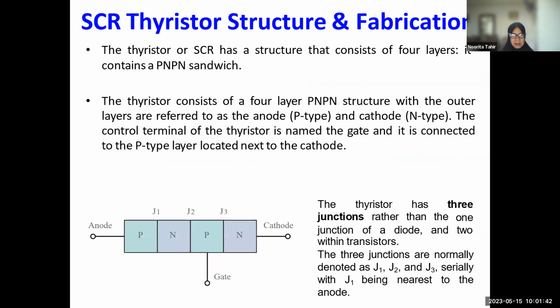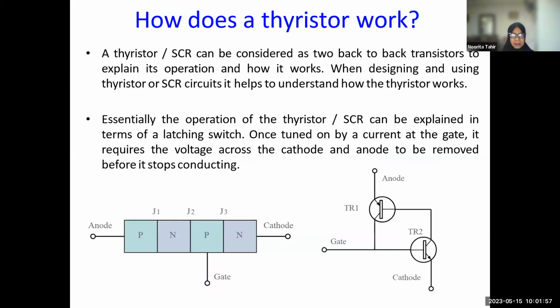It has junctions as well. Remember, the first junction is the one nearest to the anode, and the gate is the P type, and the last one is the cathode. This is the circuit configuration of your thyristor.